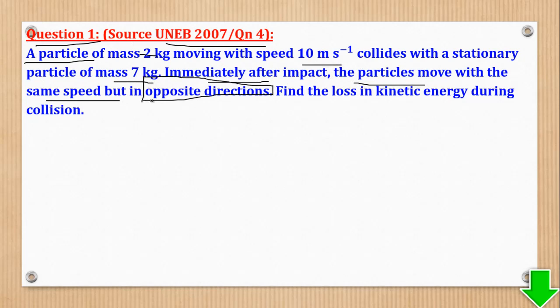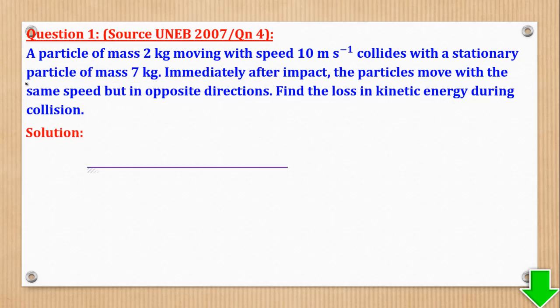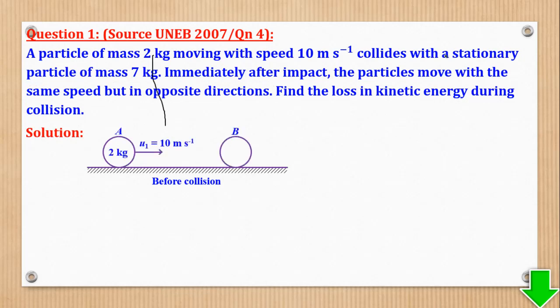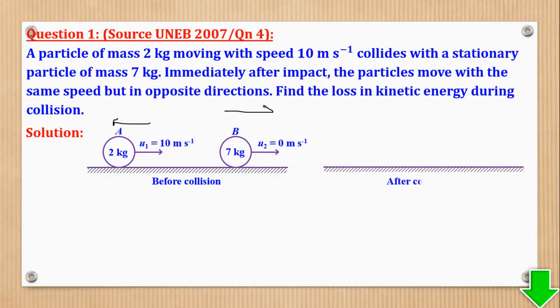Find the loss in kinetic energy during collision. So we shall begin by making a sketch to illustrate the question given. Initially, this particle is moving at a velocity of 10, and the other one is stationary, so it has velocity 0. After collision, they move in opposite directions, meaning this moves backward and this moves forward.